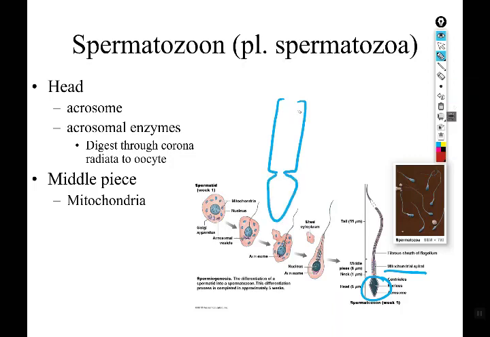And then the mitochondria are kind of situated around the central axoneme of the microtubule that supports the flagellum in sort of a barber pole-like fashion, which is pretty nifty to look at. And then, of course, the flagellum itself. So that is the swimmy tail part that allows the sperm to move and propel itself forward.